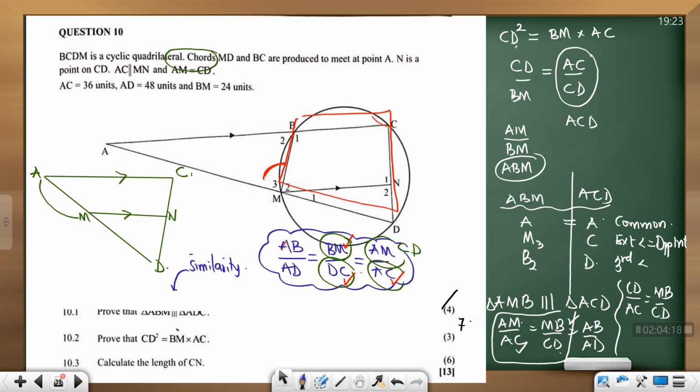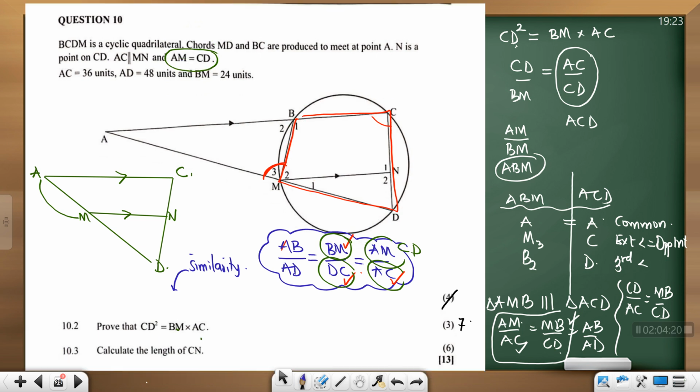We have some information we're given, right? AC is 36. What is AD? 48. What is BM? 24. What are we looking for? CN.